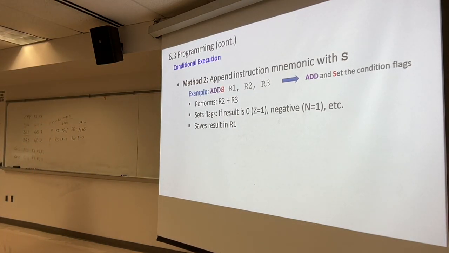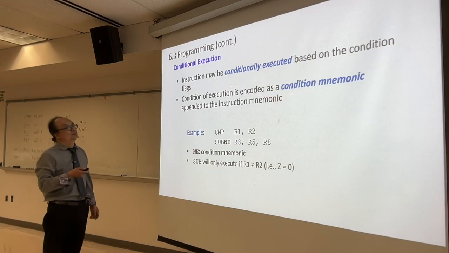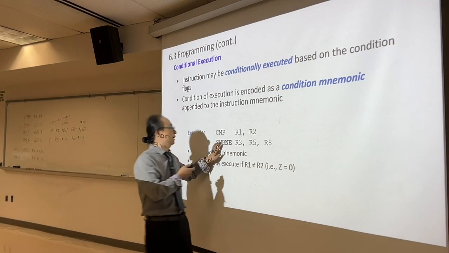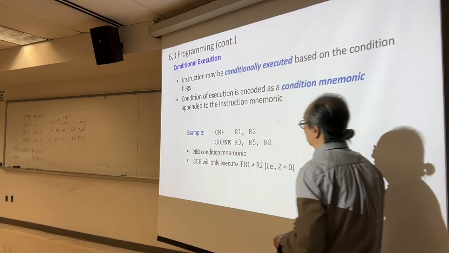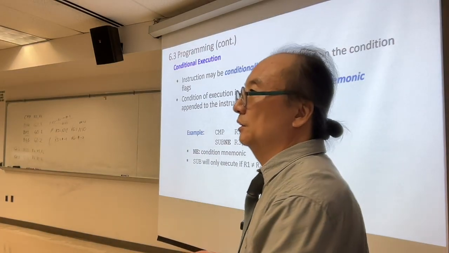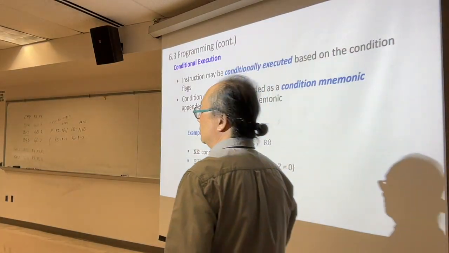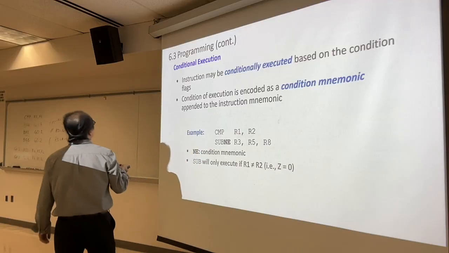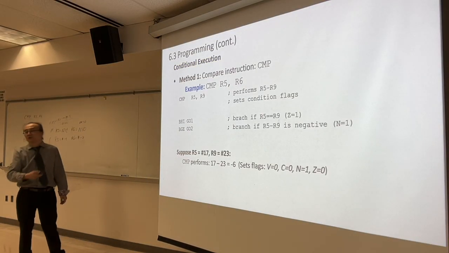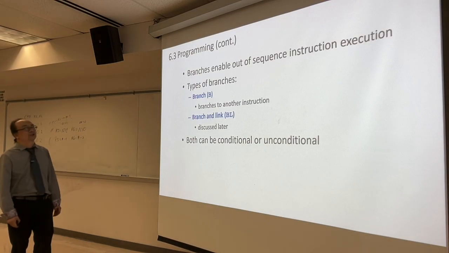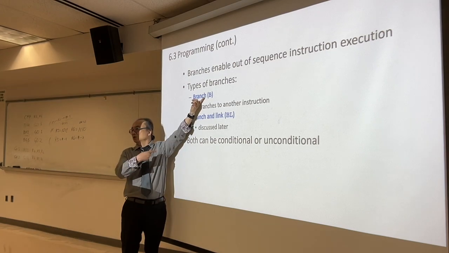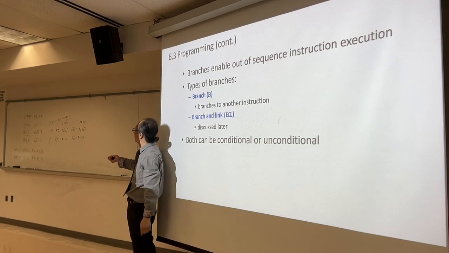So simply adding S. And then we can also put conditions, like subtract if not equal, or something like this. So these are the different ways to do it in ARM instructions, but for our class we're going to majorly use CMP only.